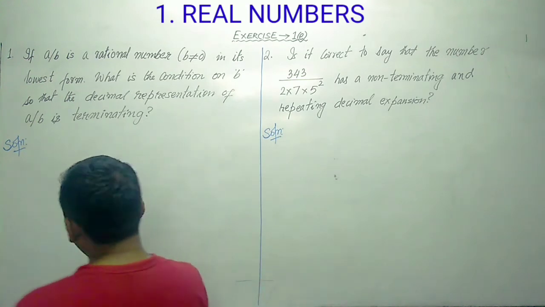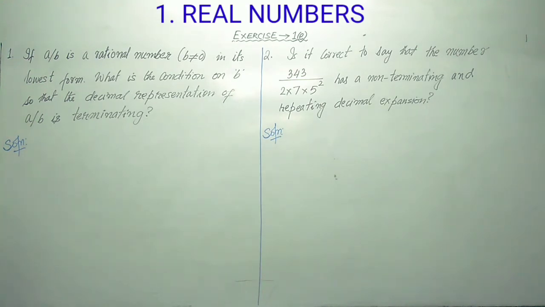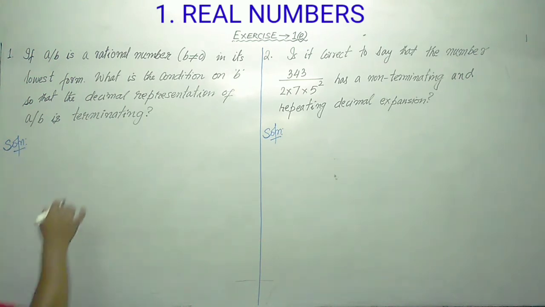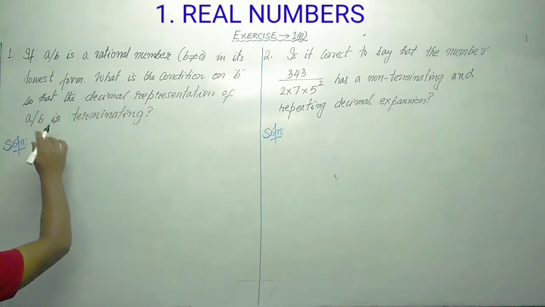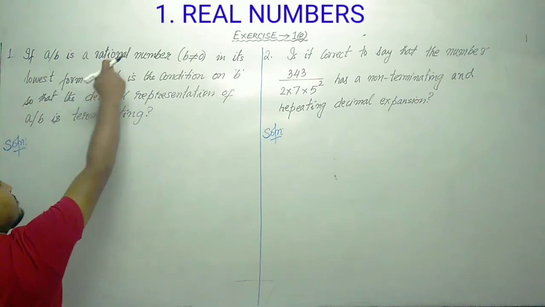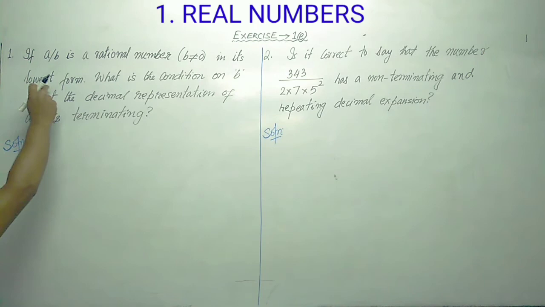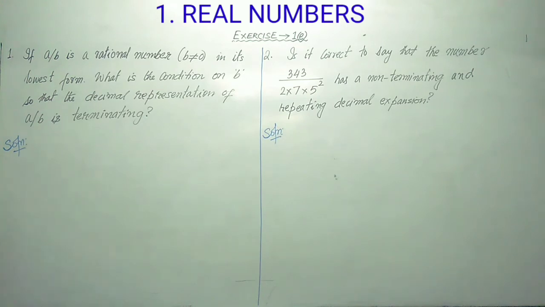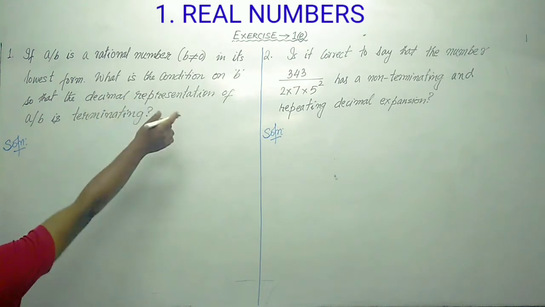If you recall, just now I gave you one theorem which says that for a number to be a terminating decimal, the prime factorization of its denominator must be of the form 2 to the power m into 5 to the power n. First, the rational number is in its lowest form. This is very, very important. It has to be in the lowest form, which means you cannot divide or cancel further. Now, what is the condition on b?